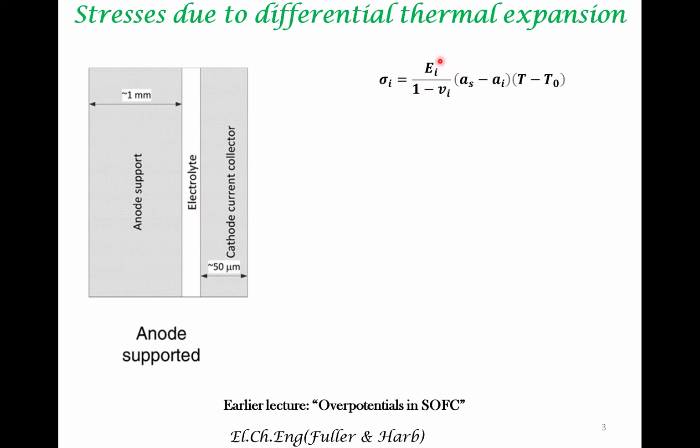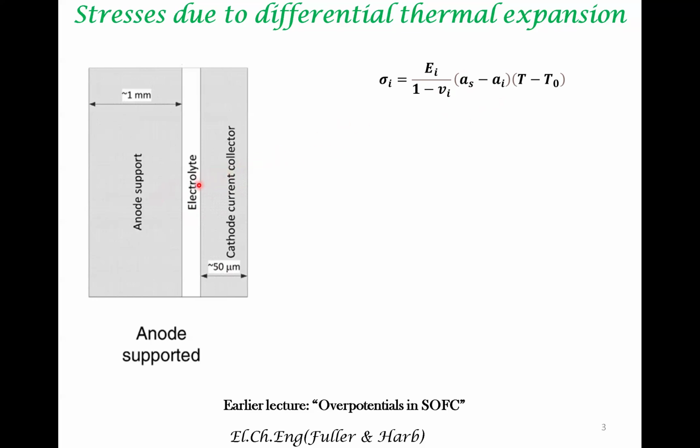This refers to the Young's modulus of the electrolyte, Poisson ratio of the electrolyte. What is crucial to understand are these two terms. S refers to support, in this case anode support. I refers to the thermal expansion coefficient of the electrolyte. AS refers to the thermal expansion coefficient of the anode.